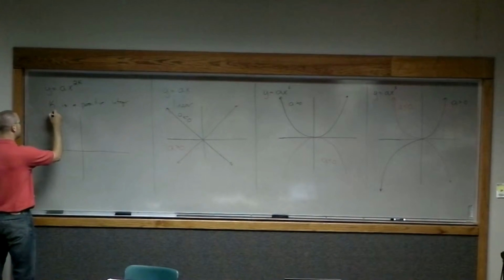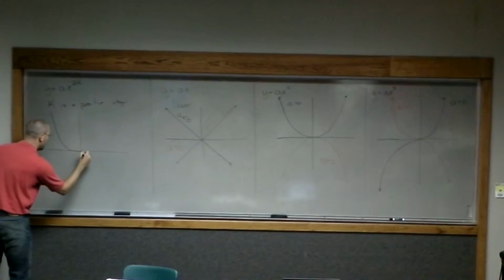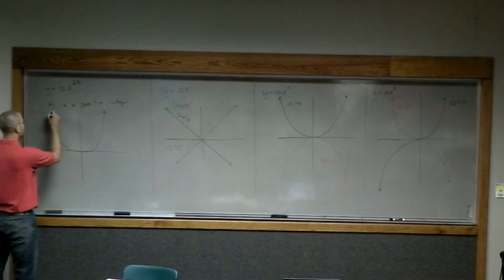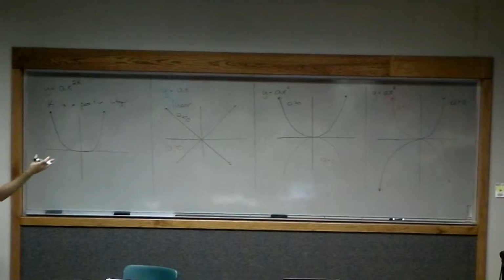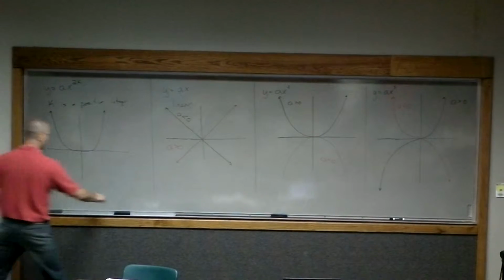The only difference is how steep the graph gets as we move away from the origin. So every even-powered power function more or less has this picture for its graph. If a is negative, obviously it's flipped over and it opens down, but more or less this is what every even-powered power function looks like.